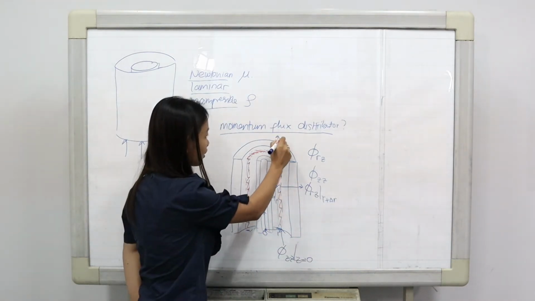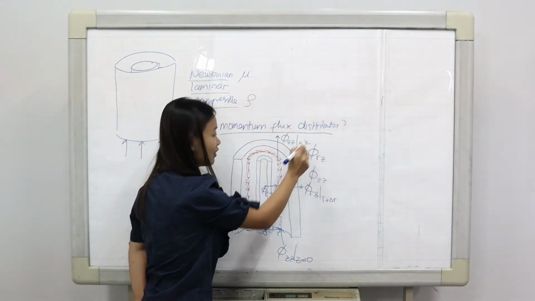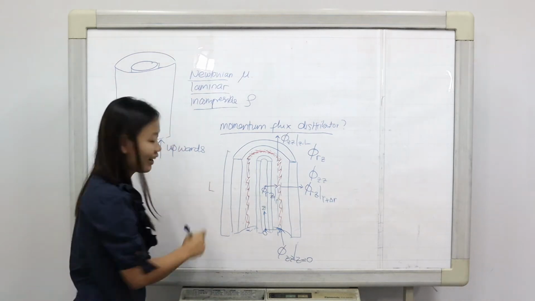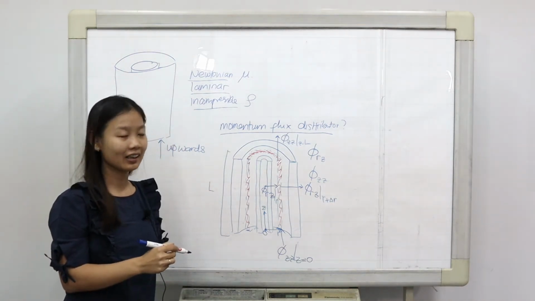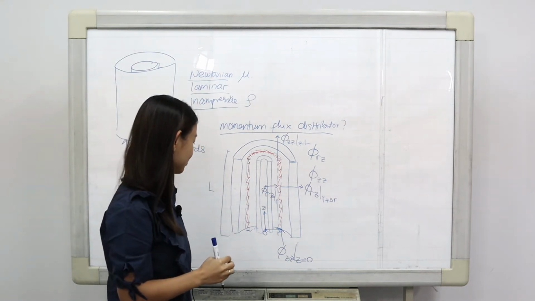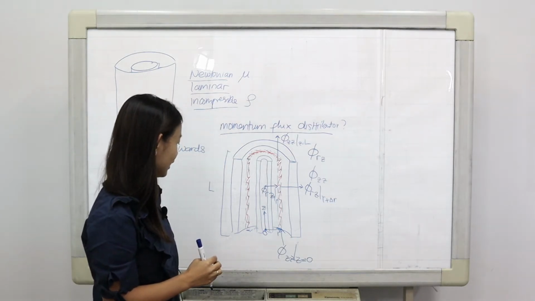And phi zz out at z equal to L, because the length of this pipe is L. Clear enough? I think so. Do I miss something?